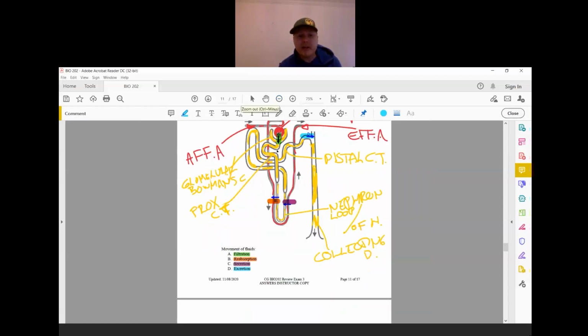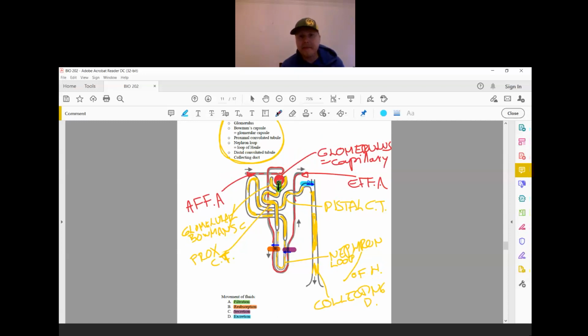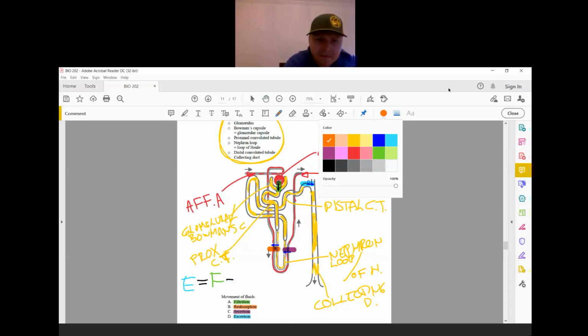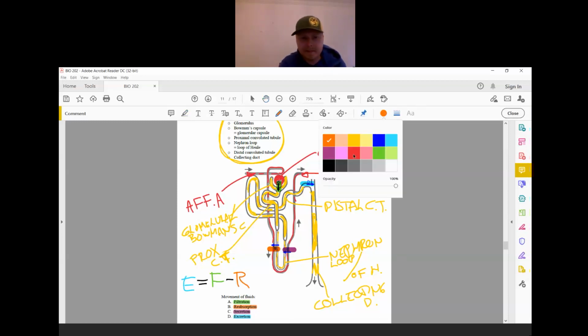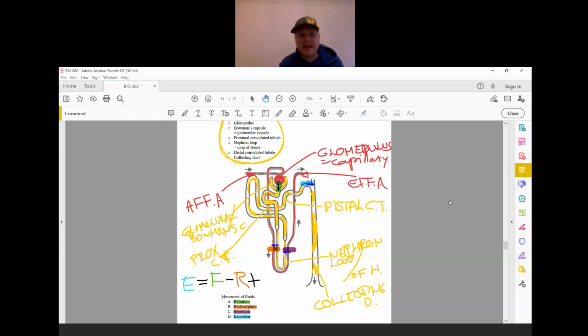So really, if you're into math, you could make a statement that our excretion is equal to what gets filtered minus what gets reabsorbed plus what gets secreted.